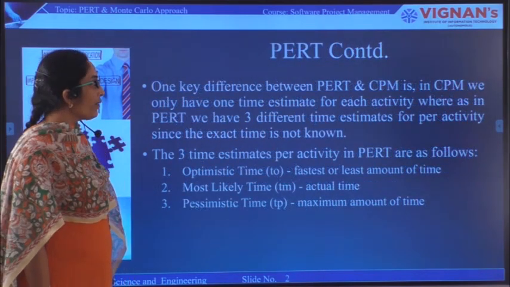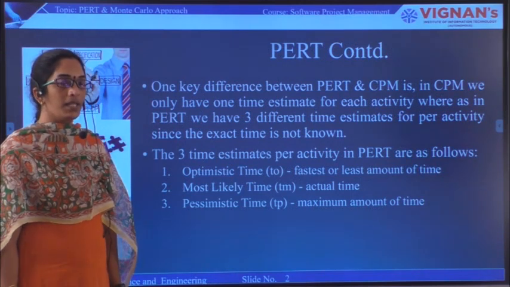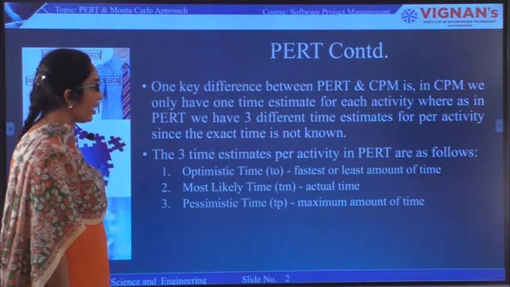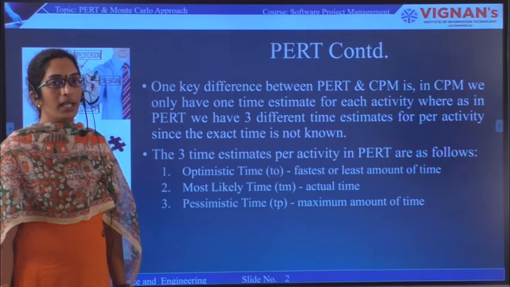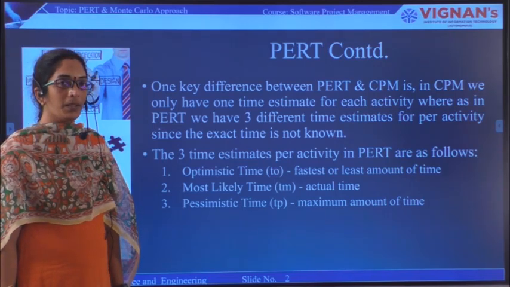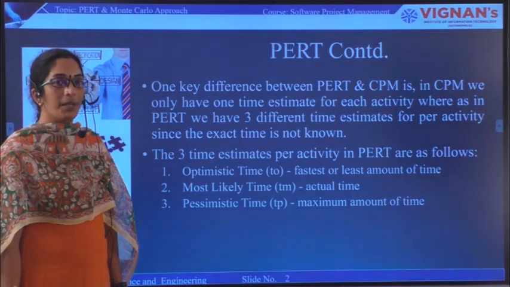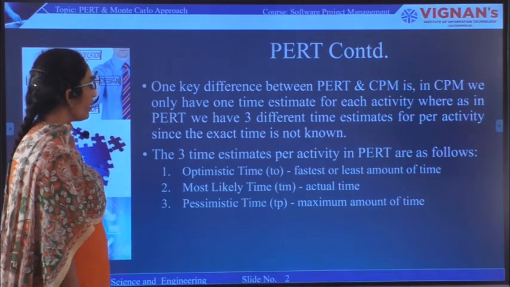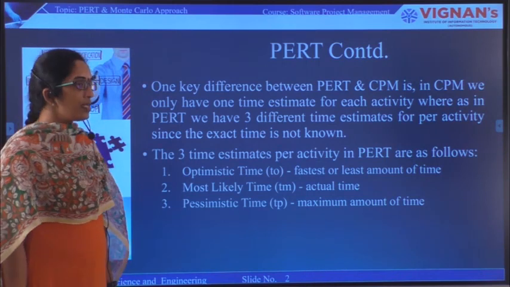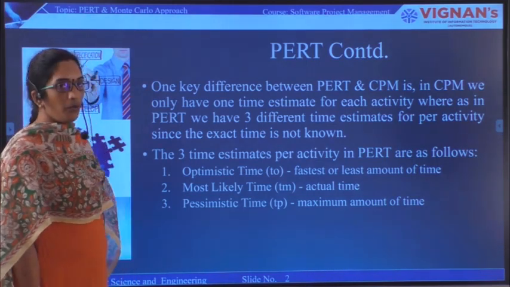The key difference between PERT and CPM, the critical path method, is that we have only one time estimate for the critical path method, whereas in PERT we have three different time estimates per activity, since the exact time is not known.